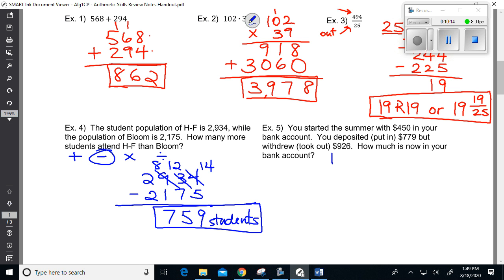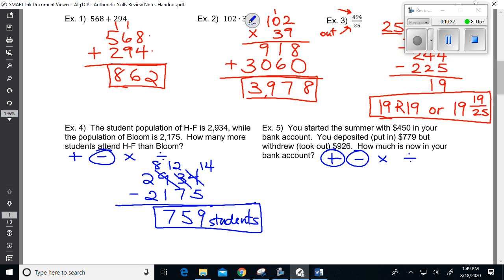So, adding, subtracting, multiplying, dividing, what am I going to do for this problem? I'm going to add and I'm going to be subtracting. I'm doing two things here.